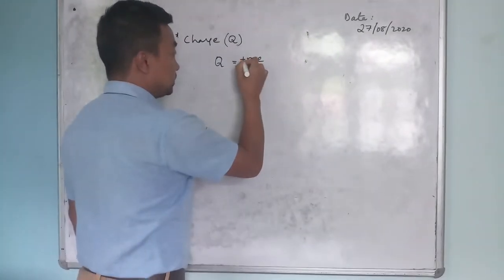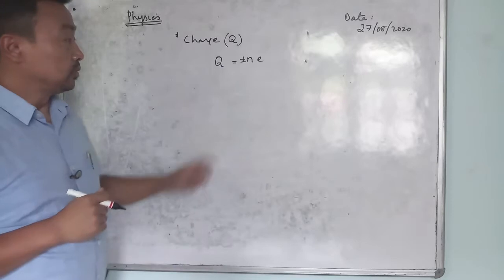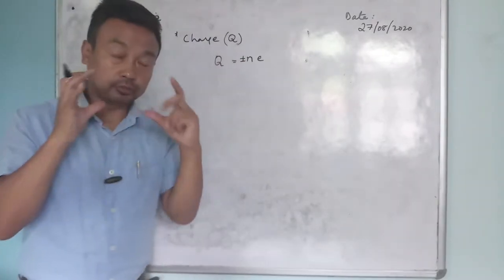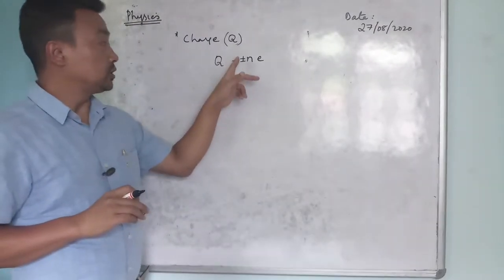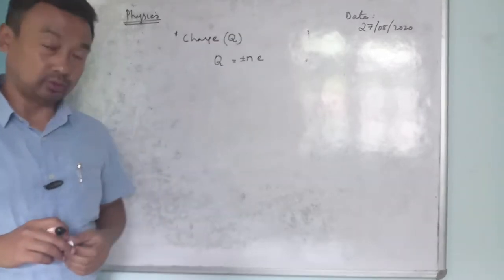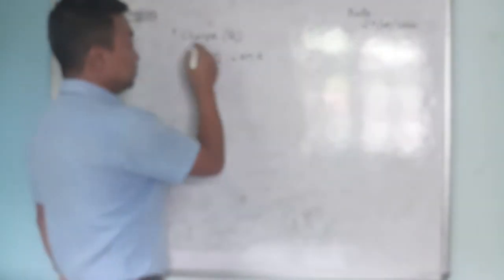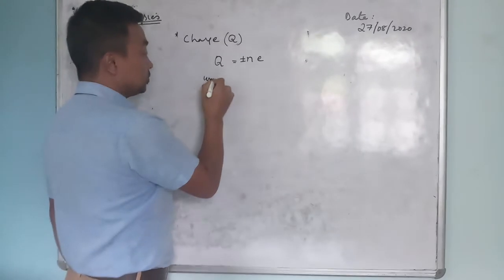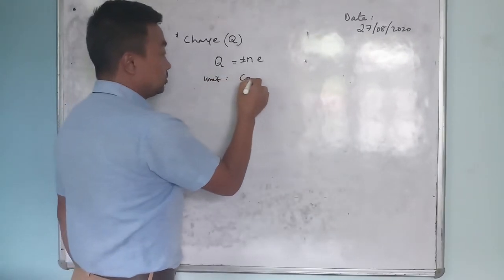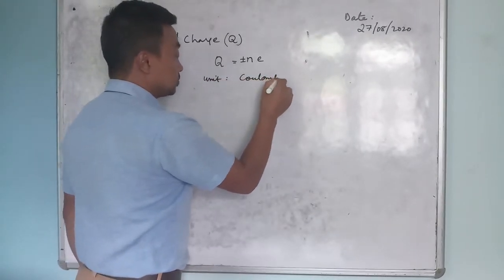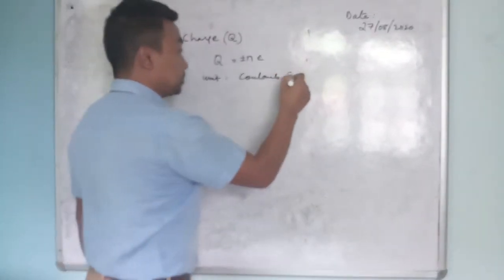So it was given by the formula Ne, where N was the number of electrons present in the conductor, and plus and minus indicate the positive as well as the negative charge. The unit for this was given as coulomb, which was denoted by capital C.